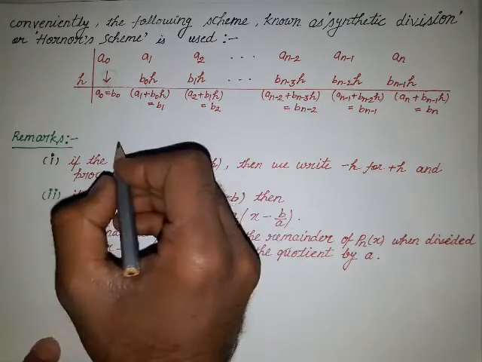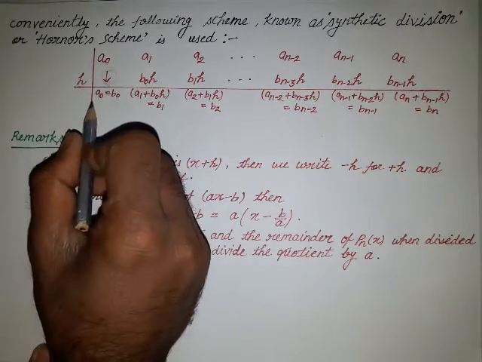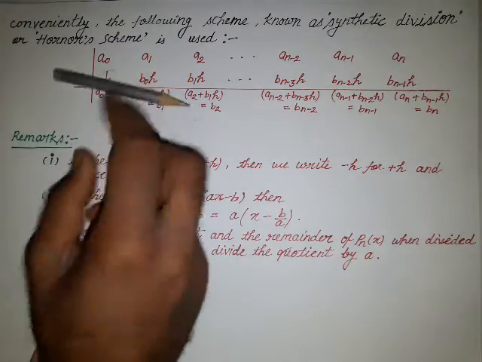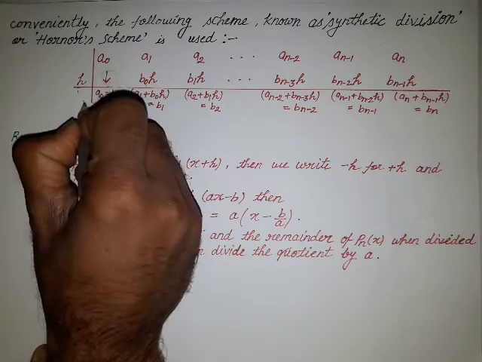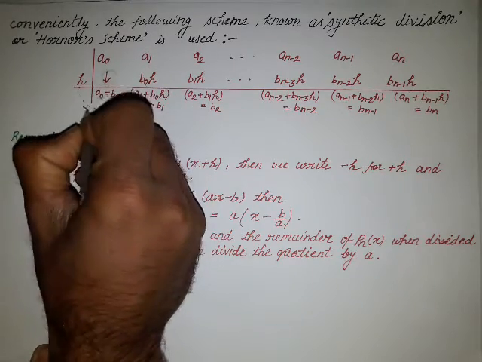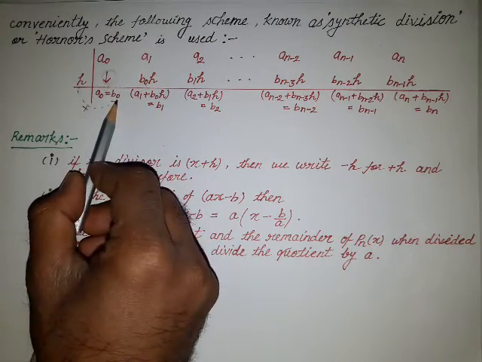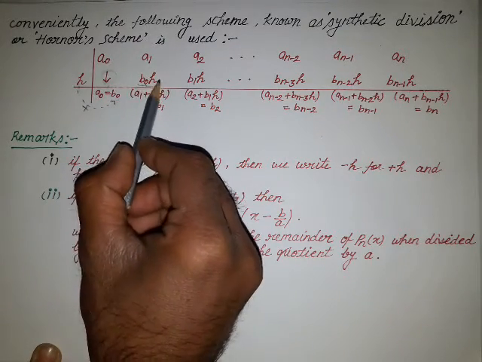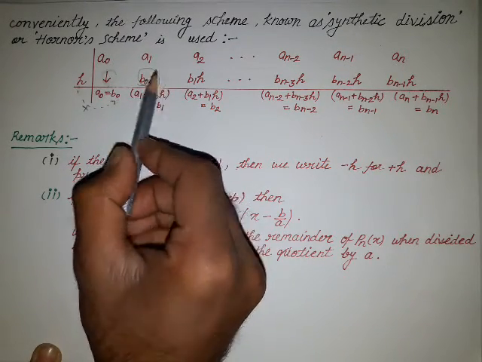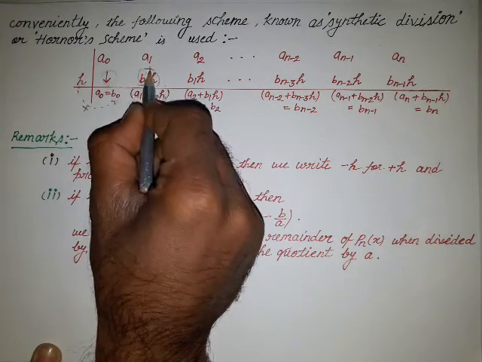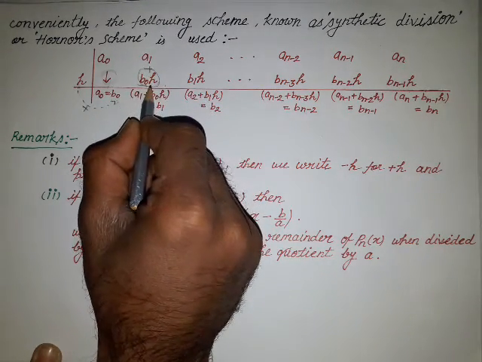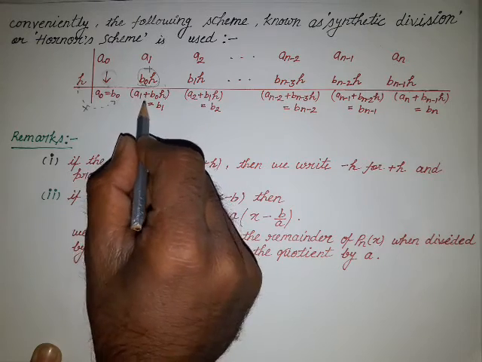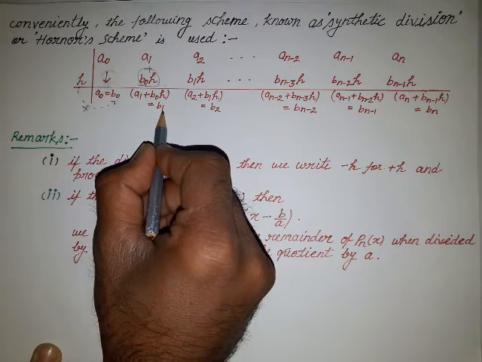So you can see how. First we multiply h to b0 and put this here. This is b0 h. On adding a1 to b0 h, we write here, which equals b1.